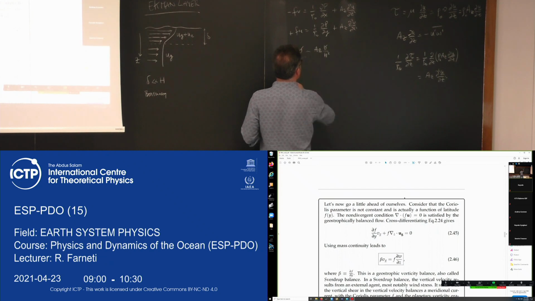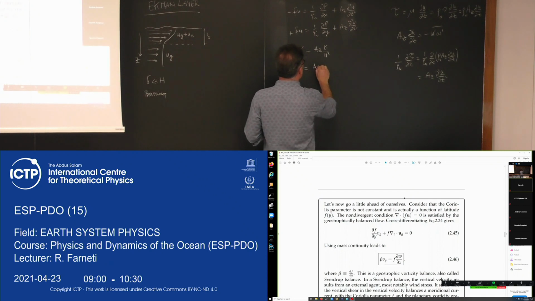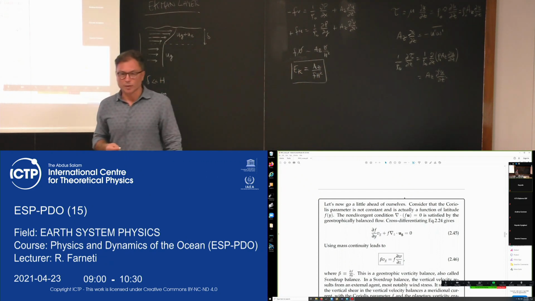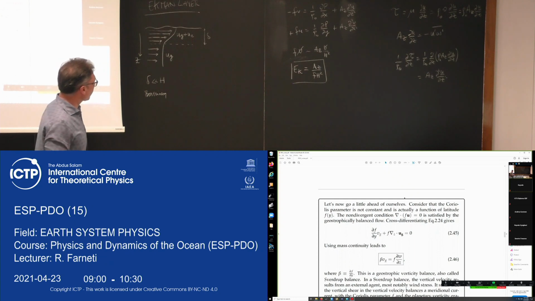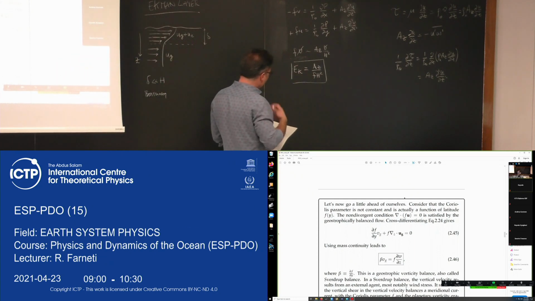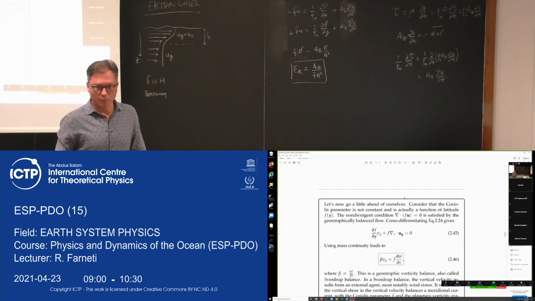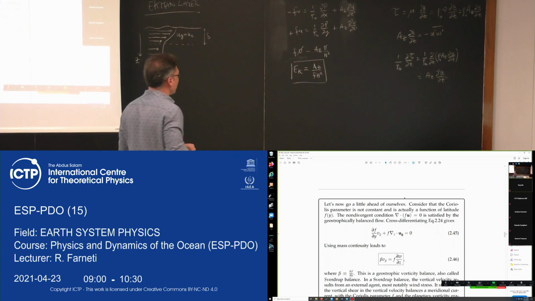So this goes away, so you can introduce the non-dimensional number AZ over F H squared. This is the Ekman number, if you remember. And so this is telling us when frictional effects are important compared to Coriolis or not.